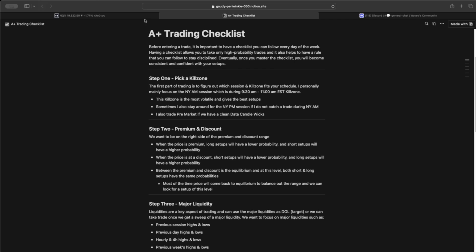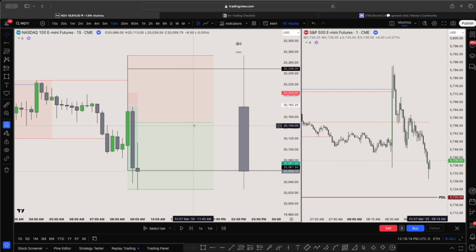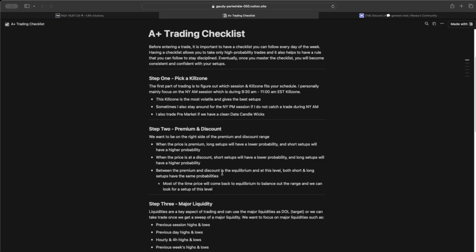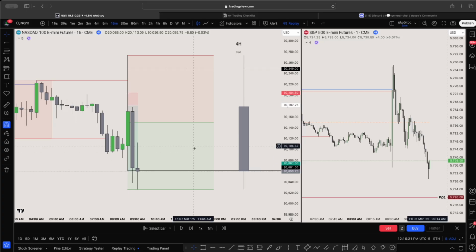So when price is in premium, short setups have a higher probability than long setups, right? And when we are in discount, long setups will have a higher probability and short setups will have a lower probability.